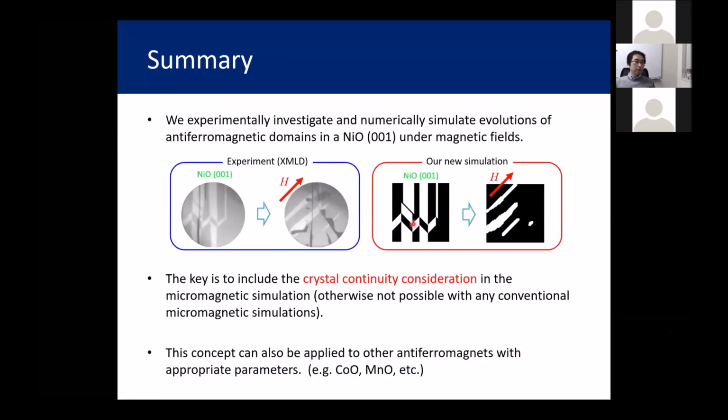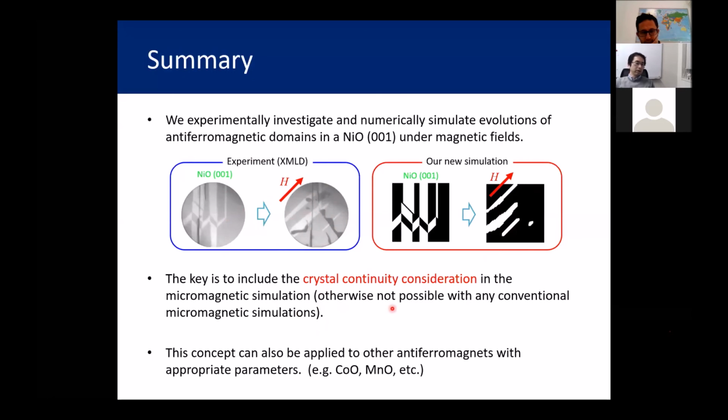Okay, I think it's time to summarize my talk today. We experimentally investigated and numerically simulated the evolution of antiferromagnetic domains on the nickel oxide 001 surface. As you can see, we can simulate the domain pattern really well. The key is to include crystal continuity consideration in the micromagnetic simulation.